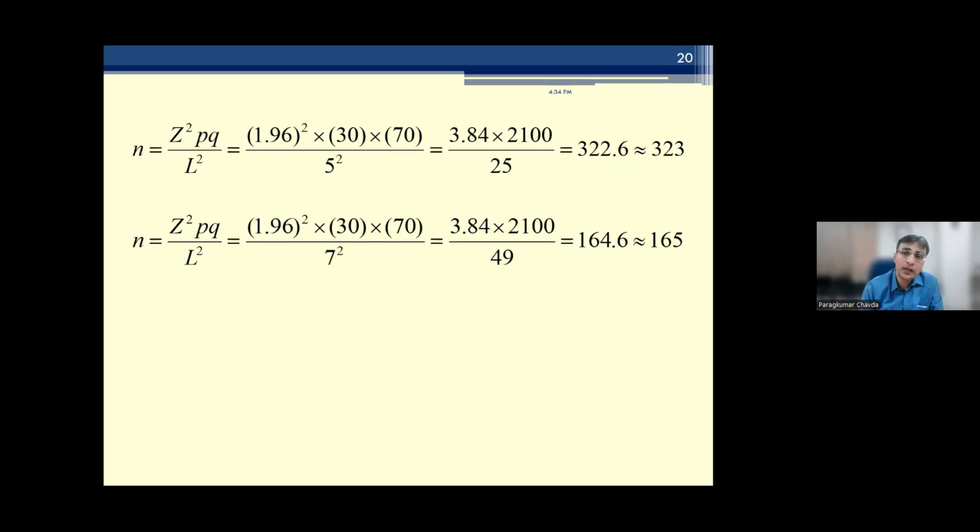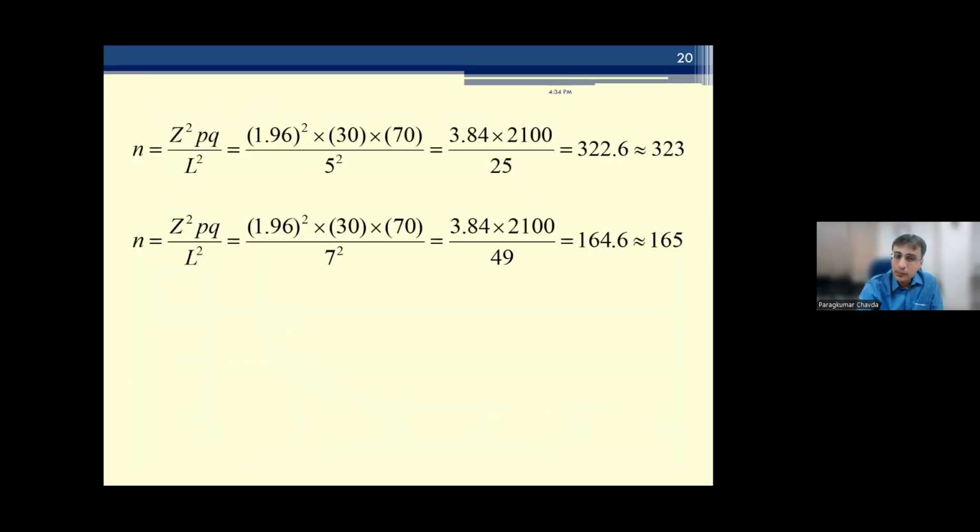If even 300 is difficult for me to achieve, I'll increase the allowable error to 7 on either side of the P, and I'll bring it to roughly 165. So this is how changing the allowable error would change your required sample size.